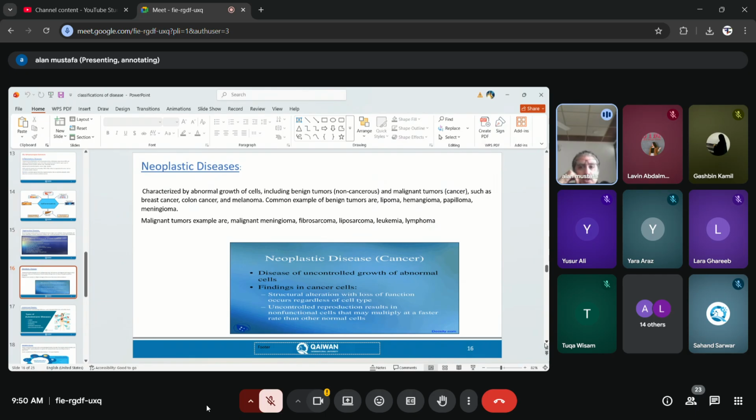And these are some examples of malignant tumors, like malignant meningioma, which happens inside the brain, or fibrosarcoma, or liposarcoma, or leukemia, lymphoma. These are all cancer, all malignant.